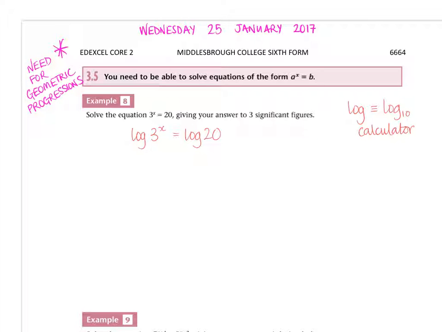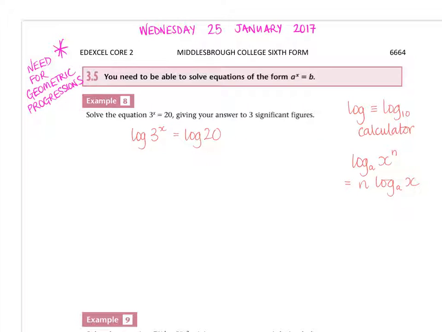Why would that help me to find out what x is? Look at your laws of logarithms and which one can I use? That's the question. If we look at log to the base a of x to the n, that allows us to simplify and put the n at the beginning.